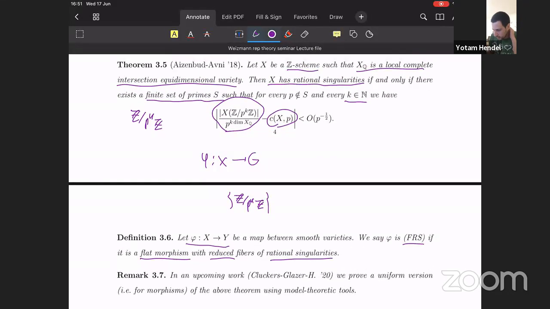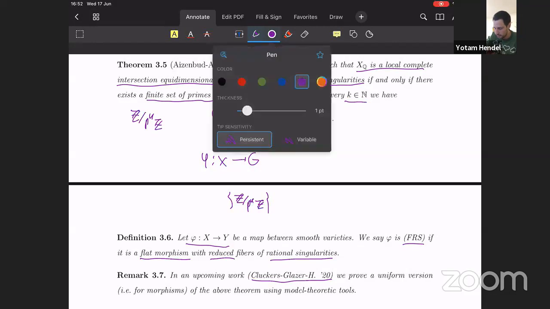And I guess one remark that I'd like to make is that in an upcoming work jointly with Raf Cluckers, we show some relative version of the theorem of Glazer and Avni.